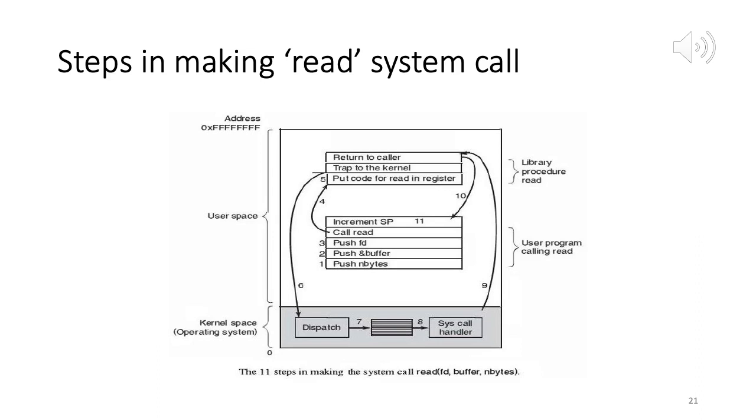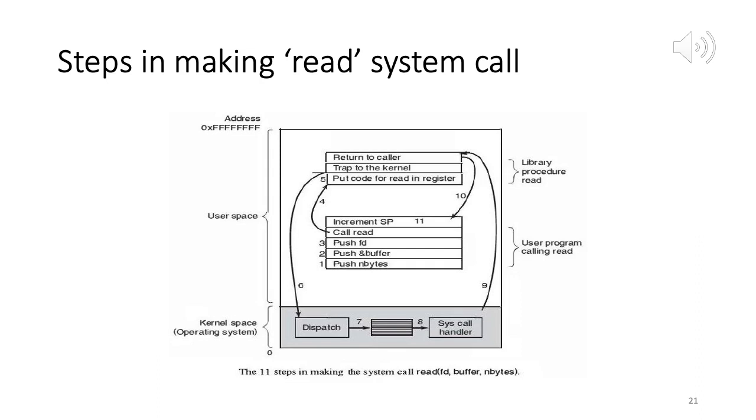Step 5. And now this API is intercepted, and from step 5 to step 6 we move to the kernel space, within the operating system. Then the dispatcher, depending on the system call number, calls the appropriate system call handler, meaning the appropriate system call code is executed. So I'll say system call number X, whatever it is for read, and it will execute the instructions for the read system call.